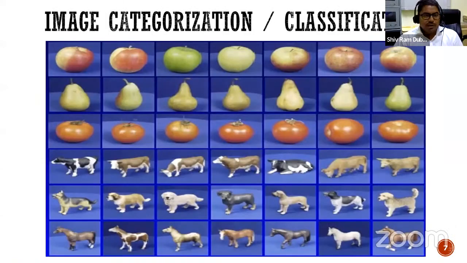So now, without further delay, let's come to the topic. As we are going to discuss neural networks, we should start with a very simple classification problem.